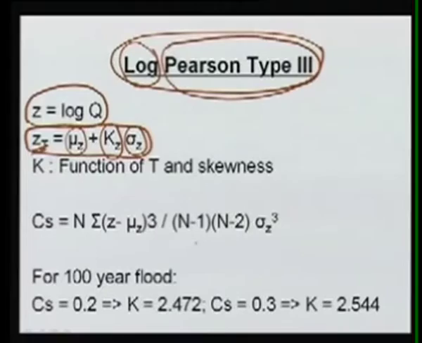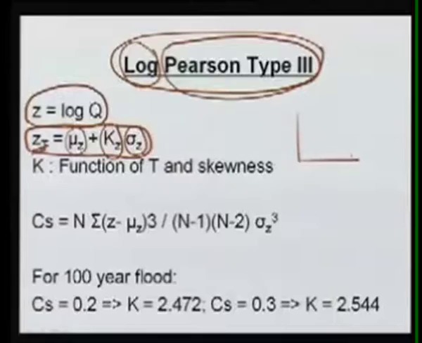Now in this case the distribution is supposed to be skewed, so it's not a symmetric distribution like this, but it can be skewed like this, or it can be skewed like this.